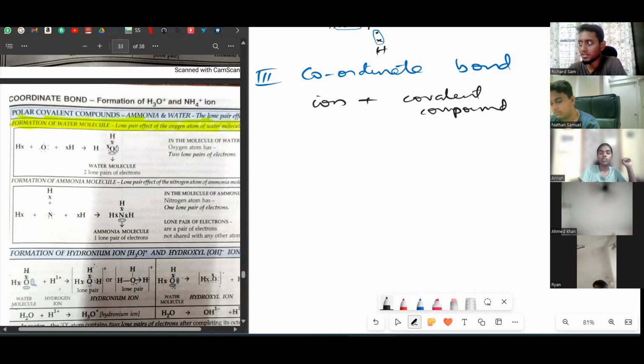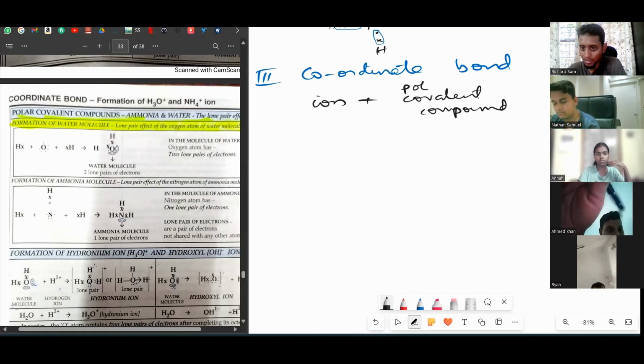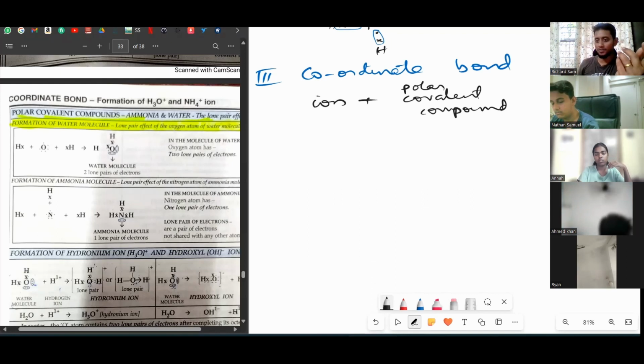Carbon tetrachloride, methane, ammonia, water. Right. But it should be a covalent compound that has lone pairs. That means which are the two? Water and ammonia. Basically a polar covalent compound.